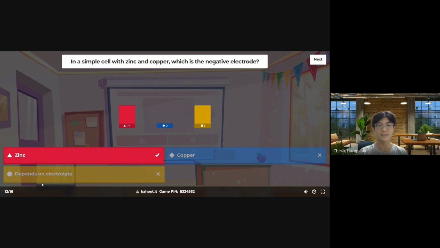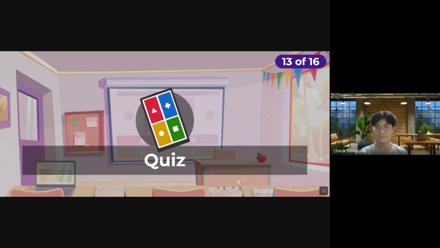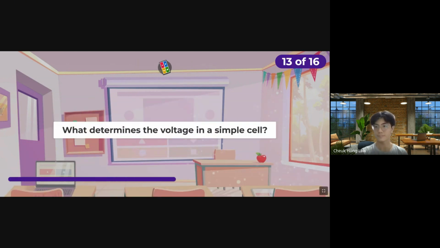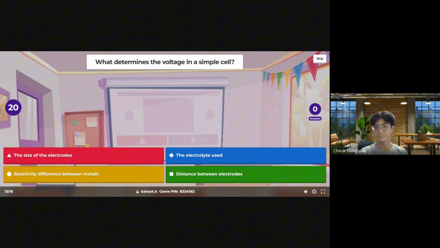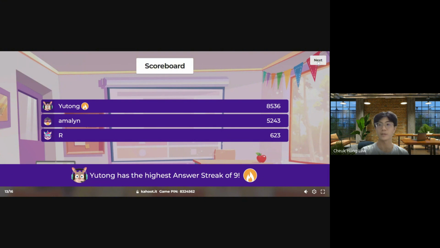It doesn't depend on the electrolyte. As long as it's the more reactive metal, it is the anode. Okay, good. Difference in reactivity will determine the voltage.